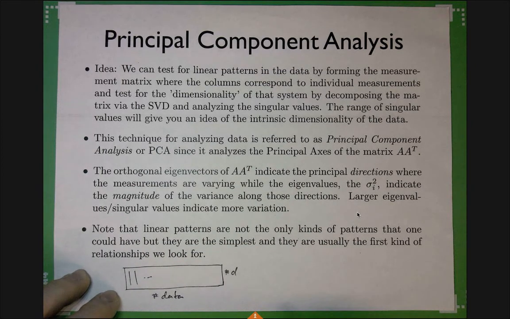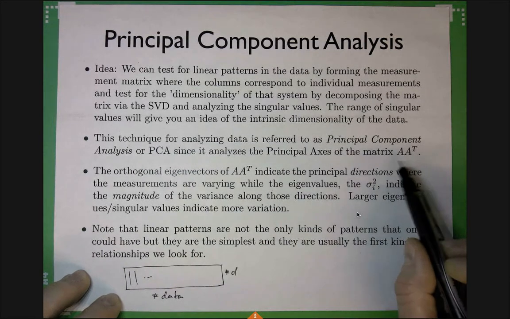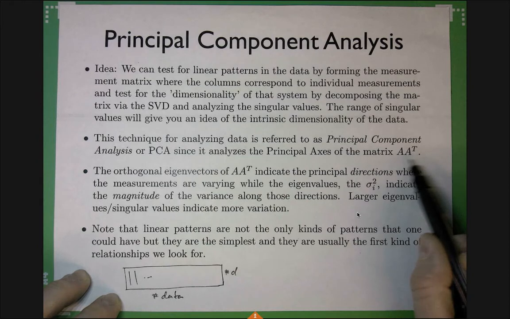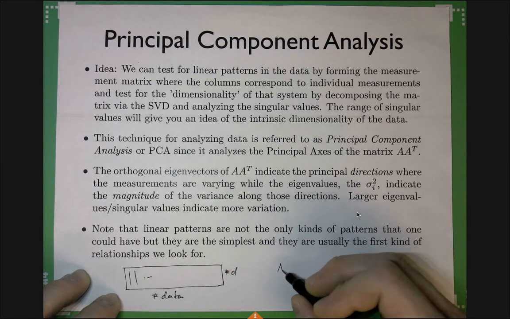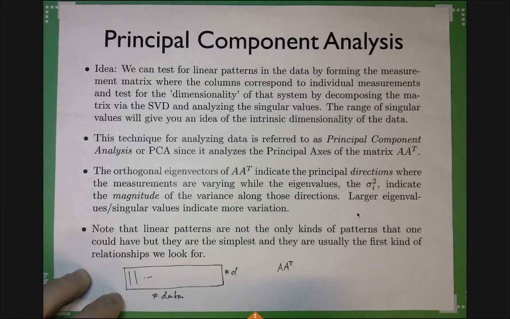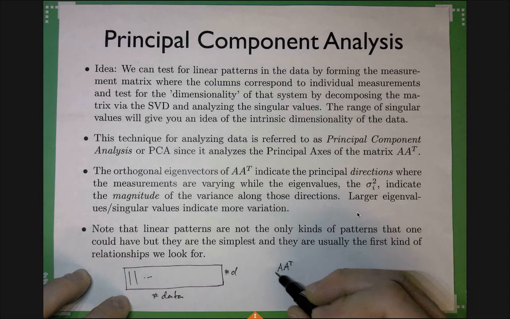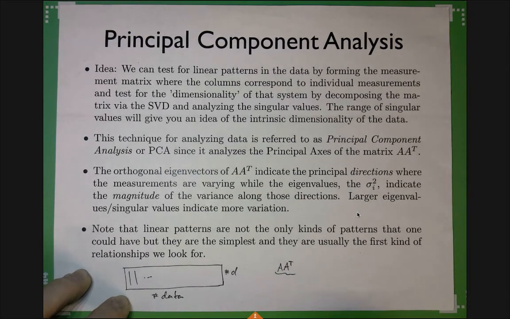And then the interesting thing is that if we are computing the left singular vectors, all we are looking at is AAT, where what is the dimension of AAT? So this was D times data, right?